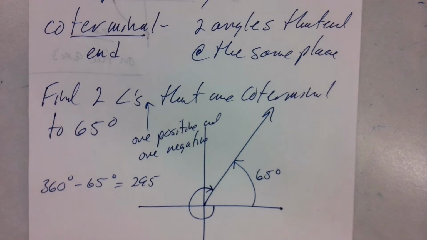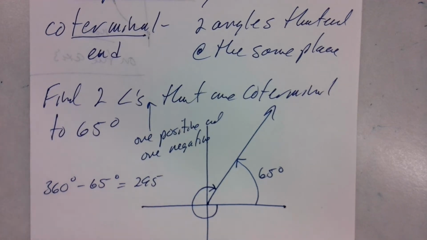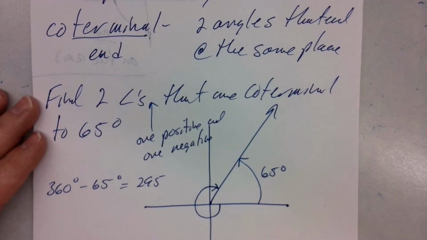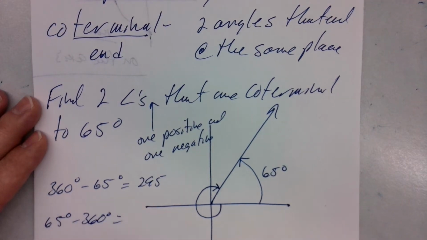Now, we want to avoid that because what usually happens? The problem is sometimes I forget to make it negative. So is there another way I could write this that would make it a little easier? Wouldn't it be easier just to go 65 minus 360?